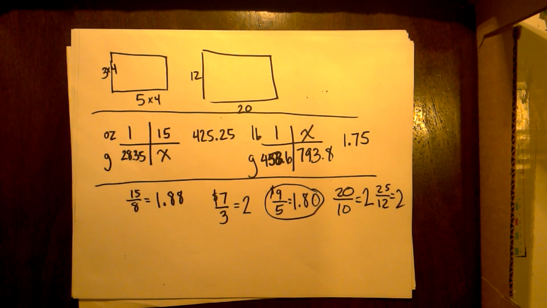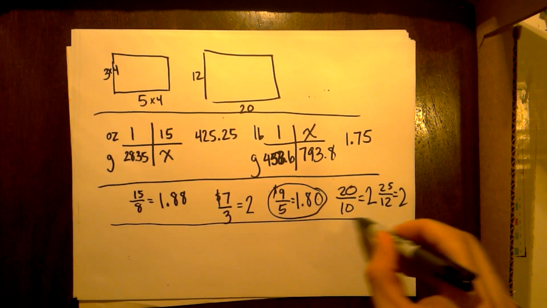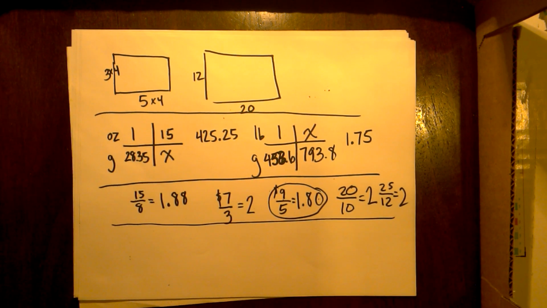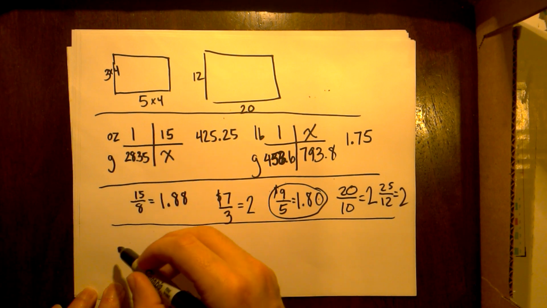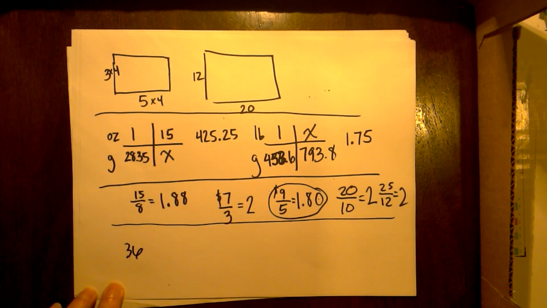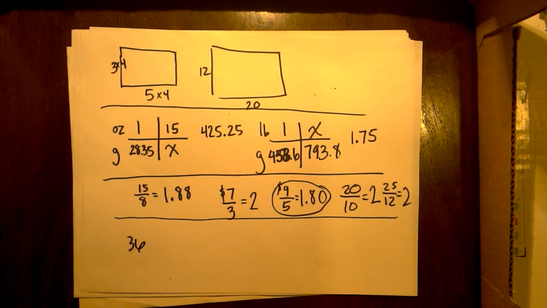All right, last problem I'm going to do tonight. Number 10. An experiment consists of rolling 2 fair number cubes. What is the probability that the sum of the 2 number cubes will equal 8? Well, first off, we know that there are 36 total ways to roll 2 number cubes: a 1 and a 1, a 1 and a 2, a 1 and a 3, 1 and 4, 1 and 5, 1 and 6, 2 and 1, and so on, right?